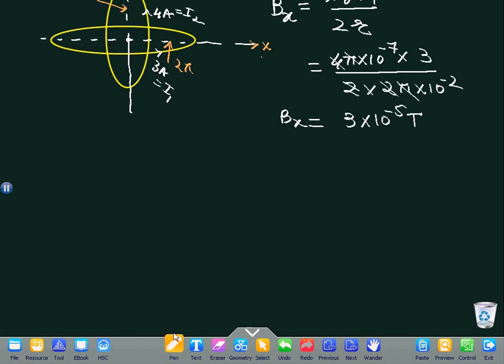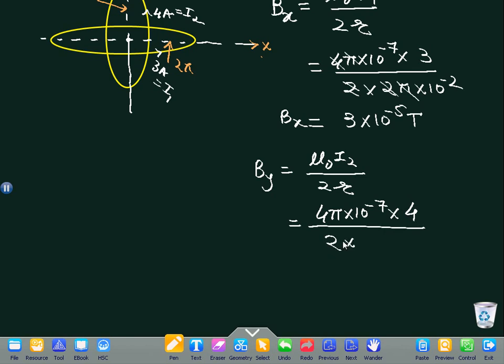Similarly, find out magnetic field By. Same equation, but the value of current is different. Mu naught I2 upon 2r, this is the equation of magnetic field at the center of the coil. So I have used the center equation here. 4 pi into 10 raised to minus 7, I2 is equal to 4, and 2 pi. So this 2 pi, 4 pi cut. It is 4 into 10 raised to minus 5.